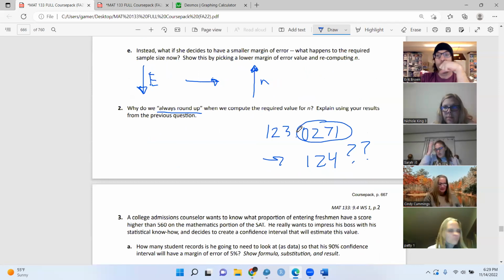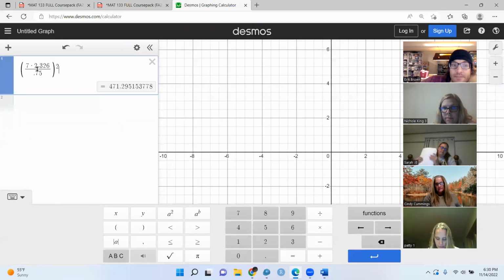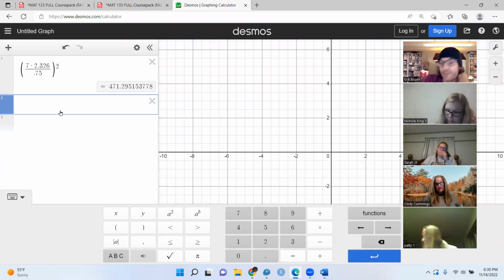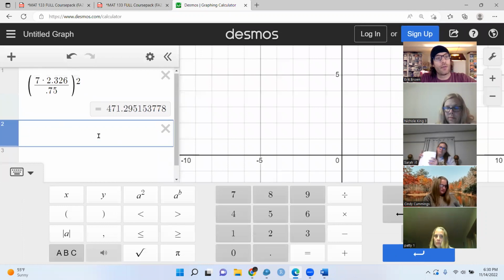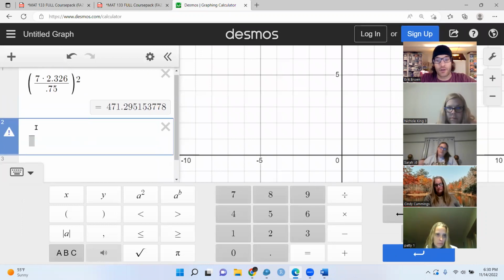I'm sorry, my brain's not working today. Can you go over the calculation for C? How would I plug that into the calculator? Here's how I typed it in. Because it's a fraction, one thing you can do is hit the division button, so you have a nice fraction to start with.